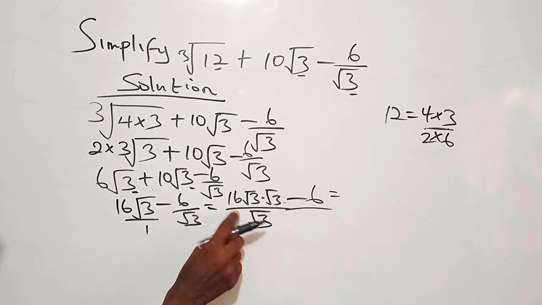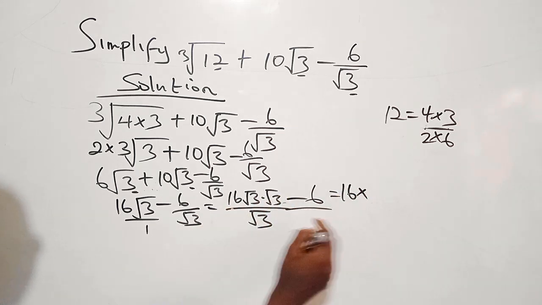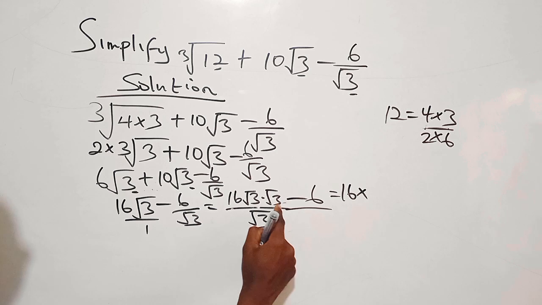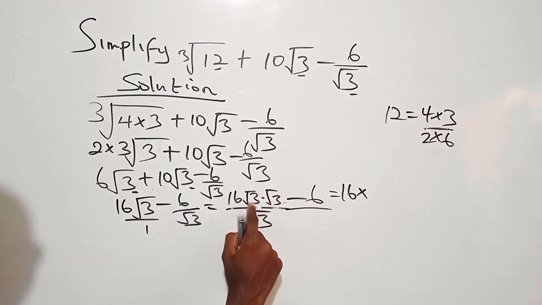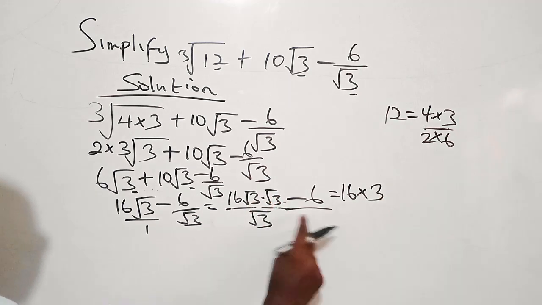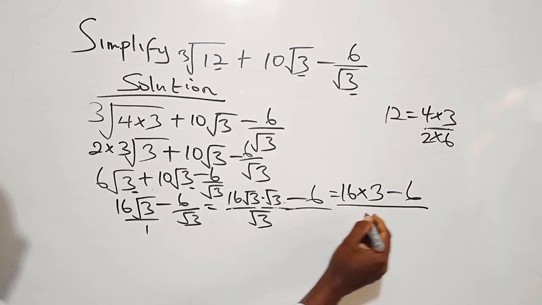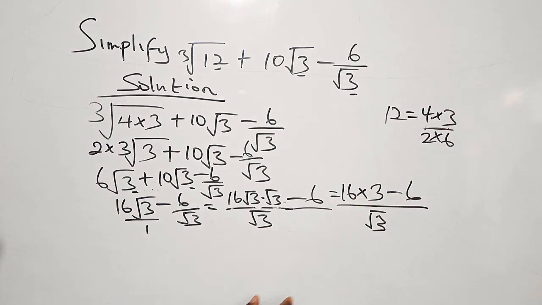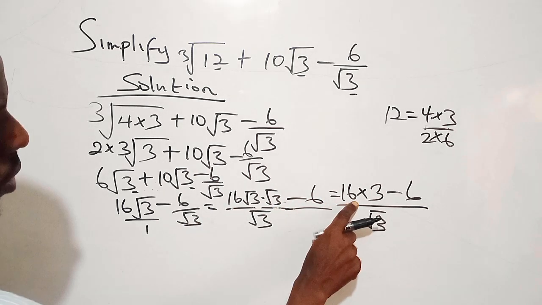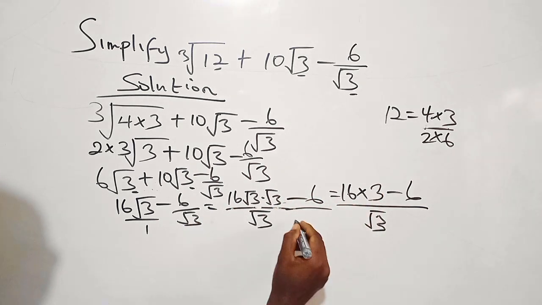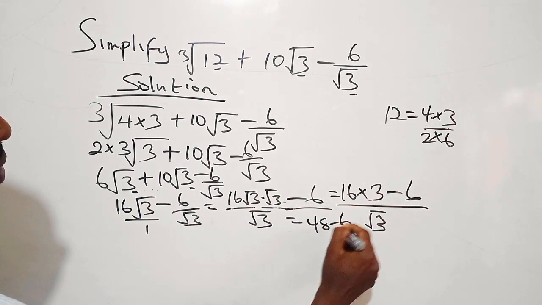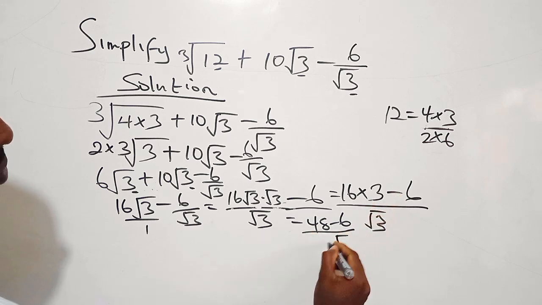When you multiply the same roots, you pick out 1, so you have 16 times 3, minus 6, over root 3. So from here, 16 times 3 is 48, minus 6, over root 3.